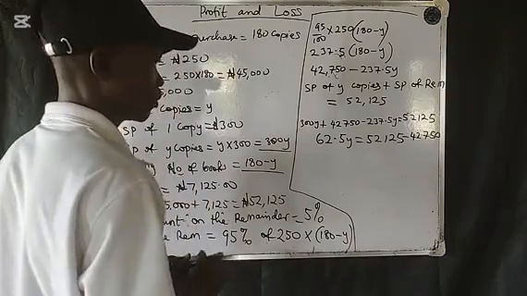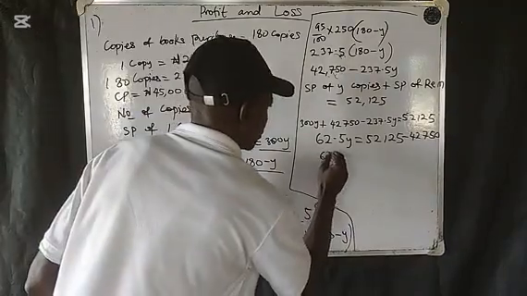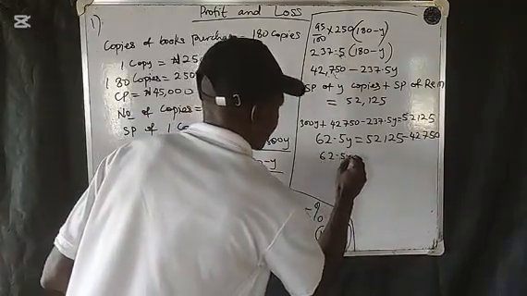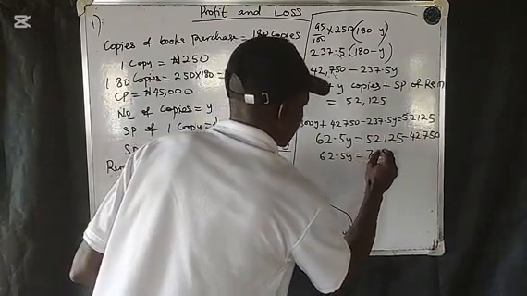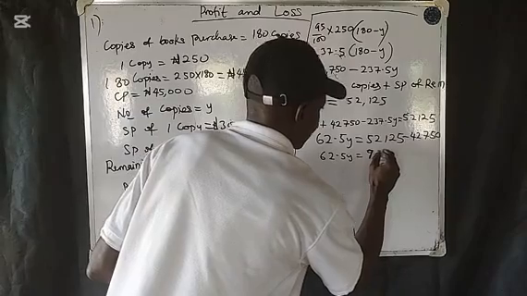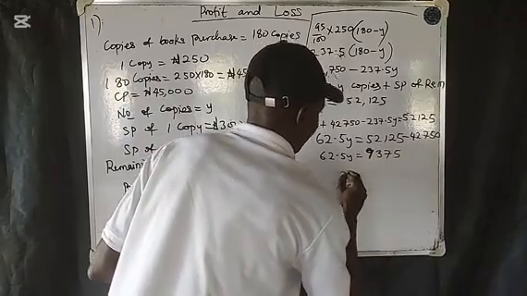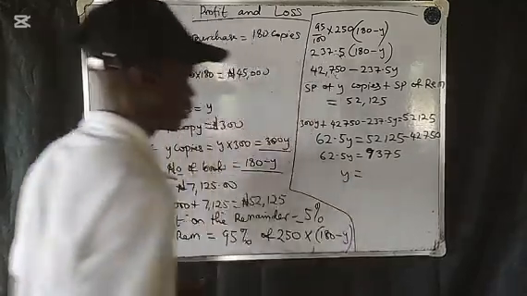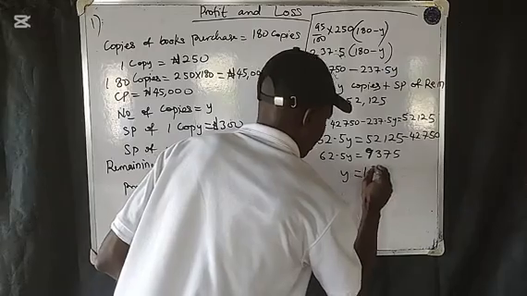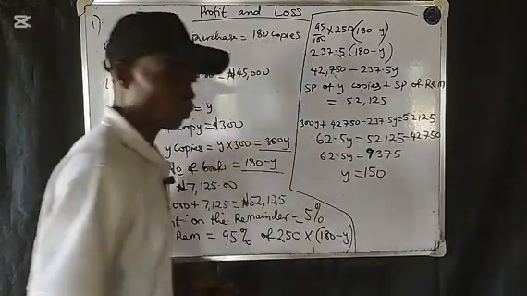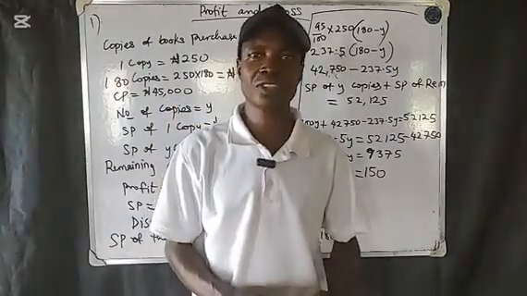Okay? 62.5y equals 9,375. Divide both sides by 62.5, and we get 150. So our y is equal to 150. Can you see the question?